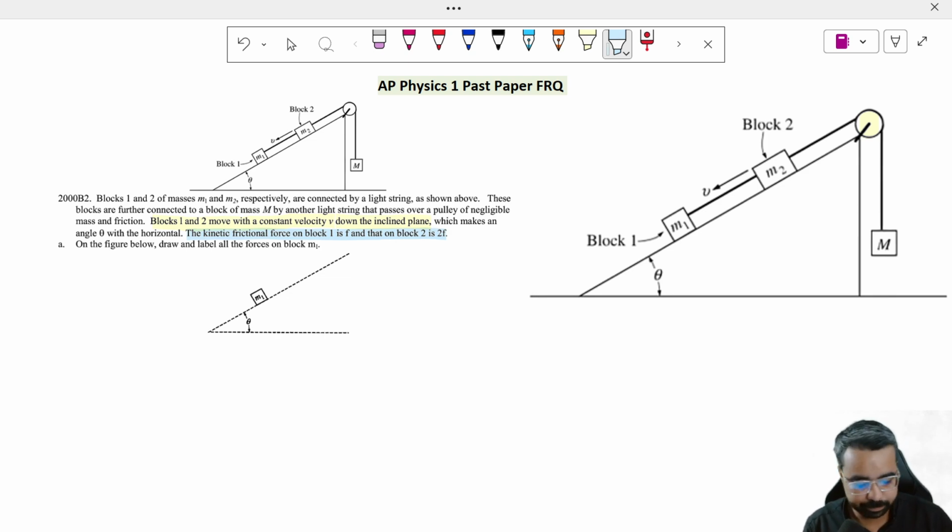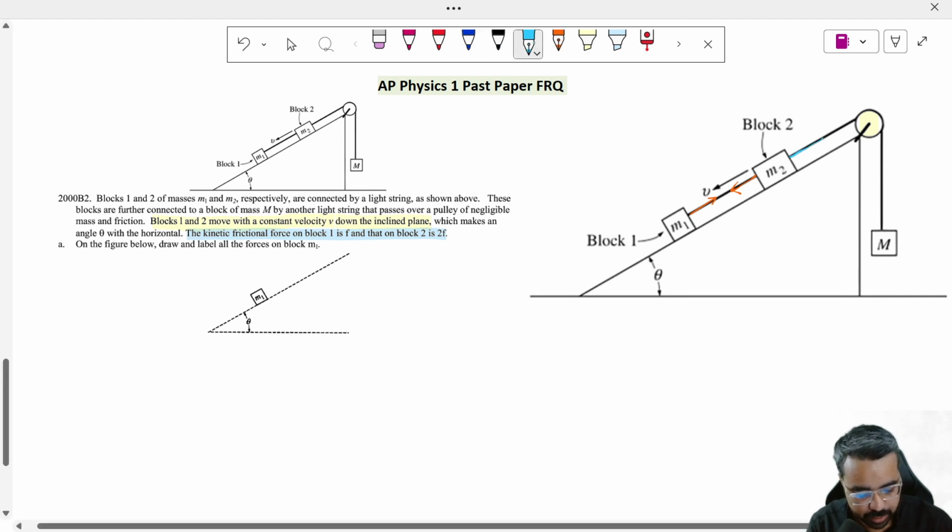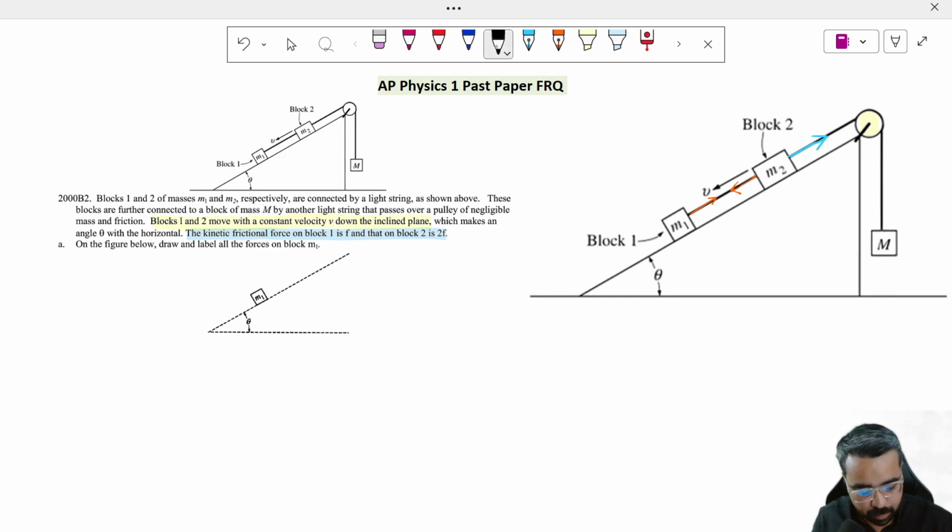In the first question, we have to draw and label all the forces on block M1. First, let's quickly go through all the forces in the system. This is the force of tension, and the same is the force of tension in this direction because both are attached with the same string. Secondly, there is another force of tension in this string. There will be one force of friction, and this is another force of friction.